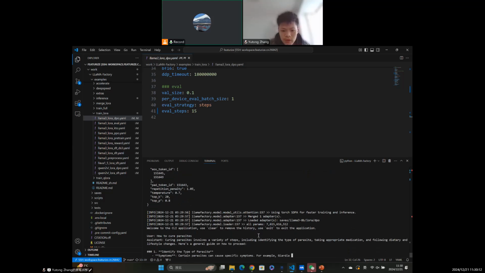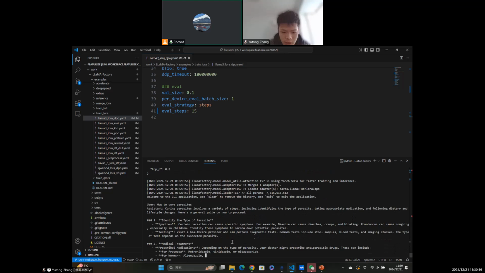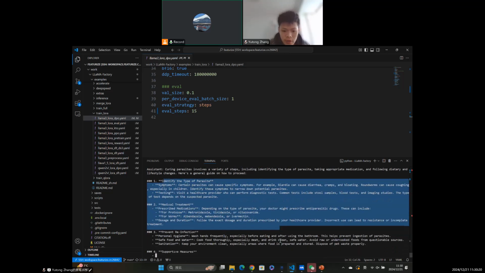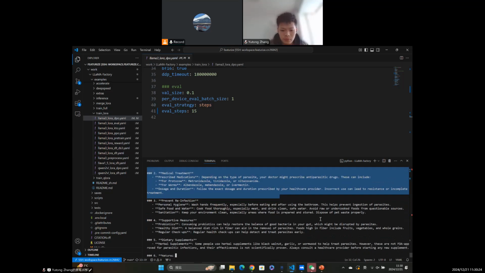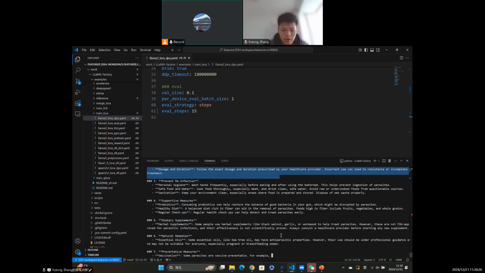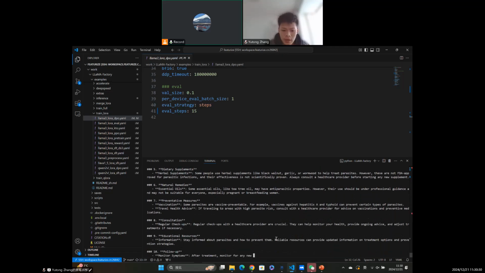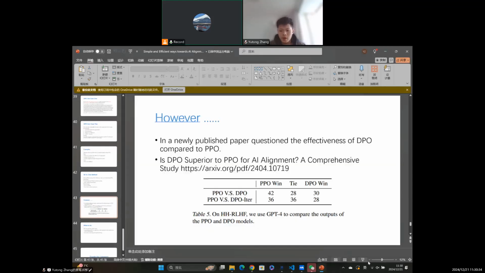We can see the speed of generation is pretty fast, and it gives some pretty useful advice, I think, considering we only have a 4090 GPU. So let's go back to PowerPoint.